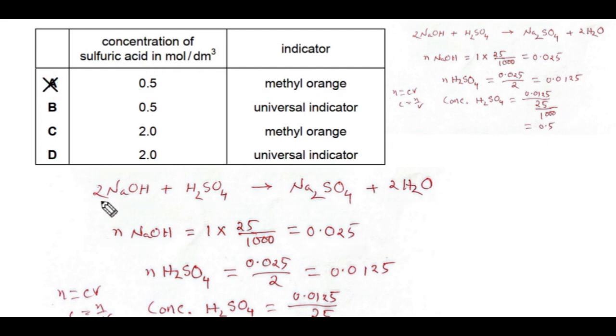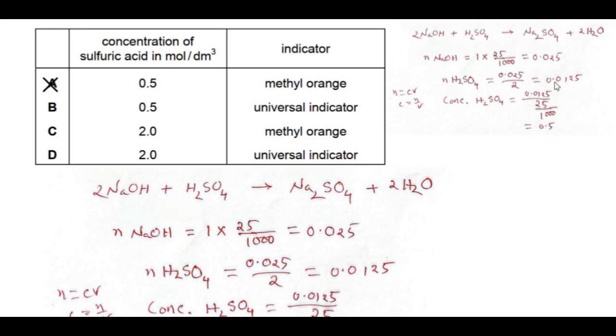And from the equation you see 2:1. I mean, sulfuric acid moles will be half of sodium hydroxide. So moles of sulfuric acid will be moles of sodium hydroxide divided by 2. Why divided by 2? Because sulfuric acid is half of sodium hydroxide. So you will get 0.0125 mole.